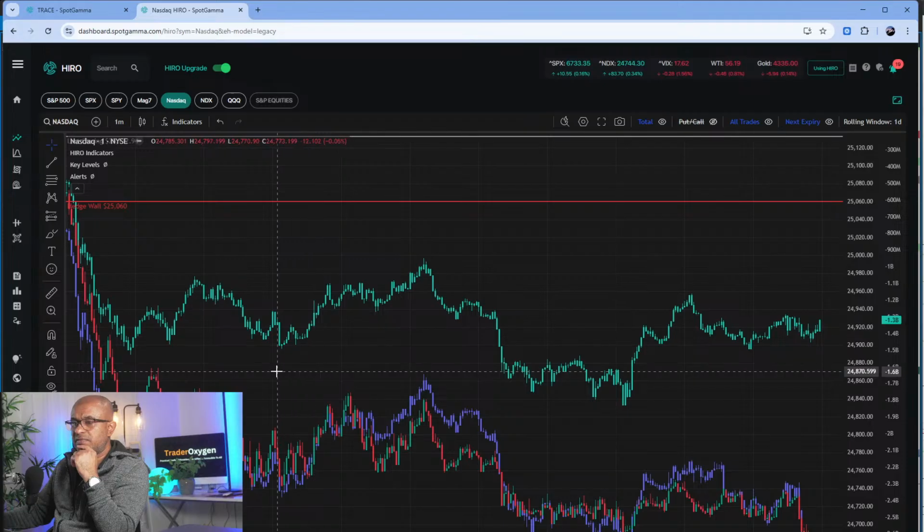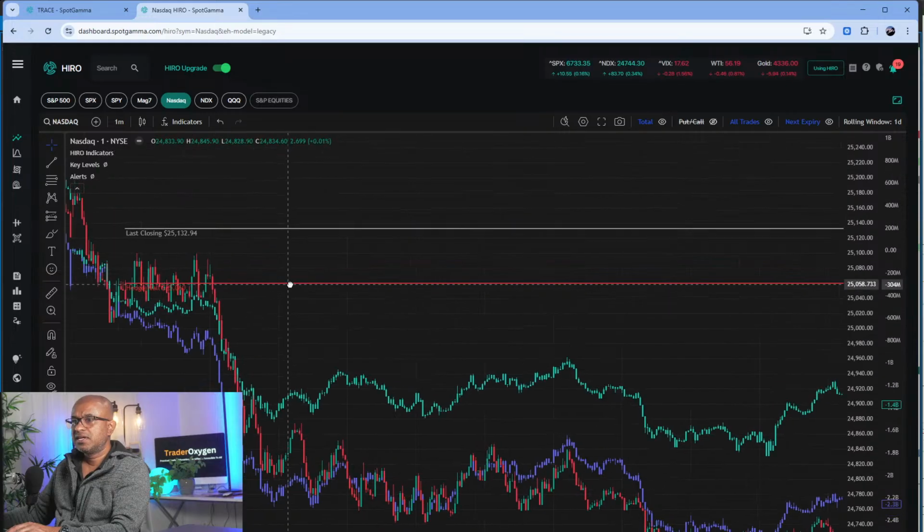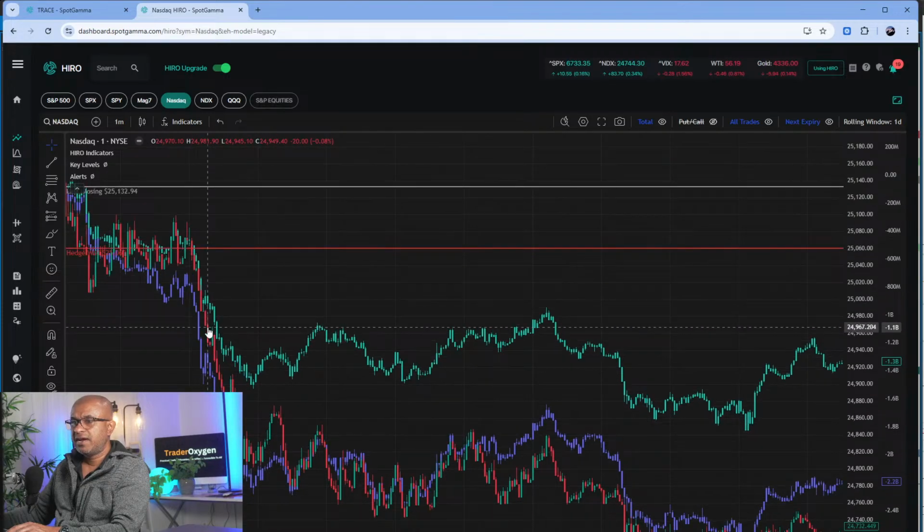If you look at the time 10:30, 10:40, the time period where we were taking the trade, you can see this purple line is the dealer hedging line.